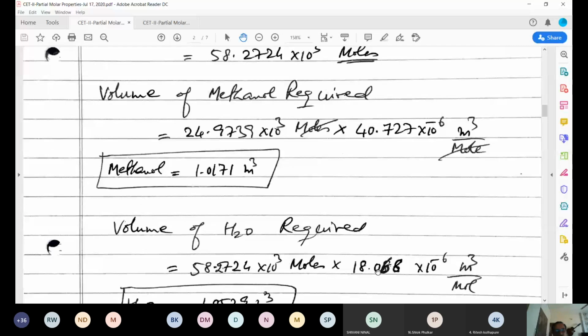So if you see methanol is more than 1 cubic meter, water is also more than 1 cubic meter, but when I mix these two I'll get exactly 2 cubic meters of 30% methanol in water.